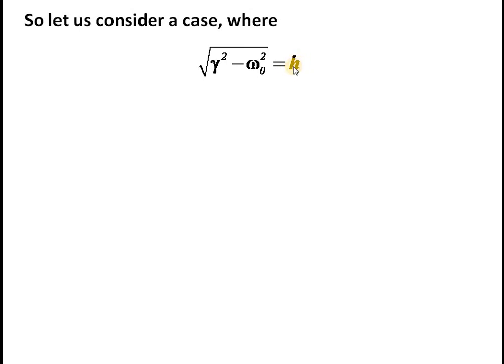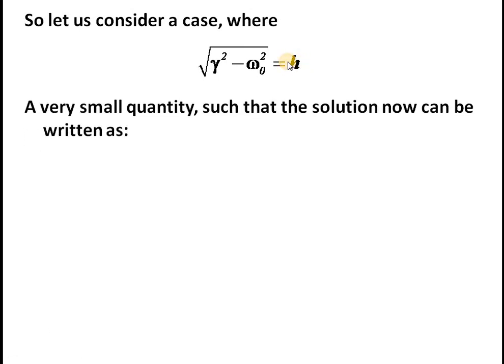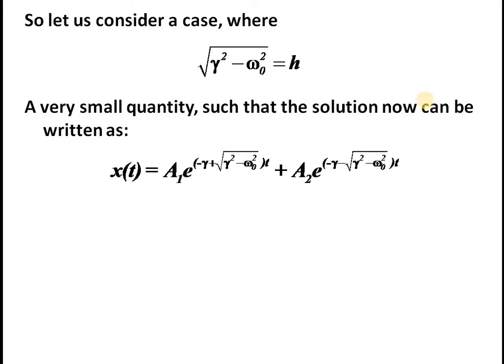Let's assume that h is a small value, not 0. We write h for the square root of gamma square minus omega 0 square. You can use any notation, but here we use h.